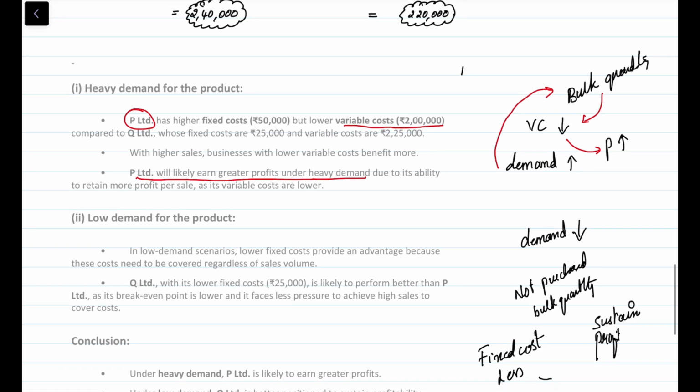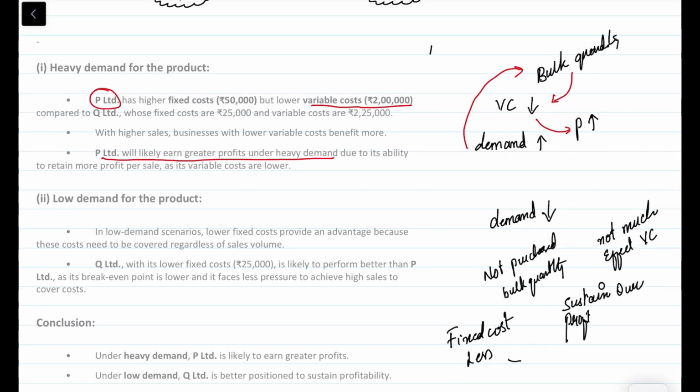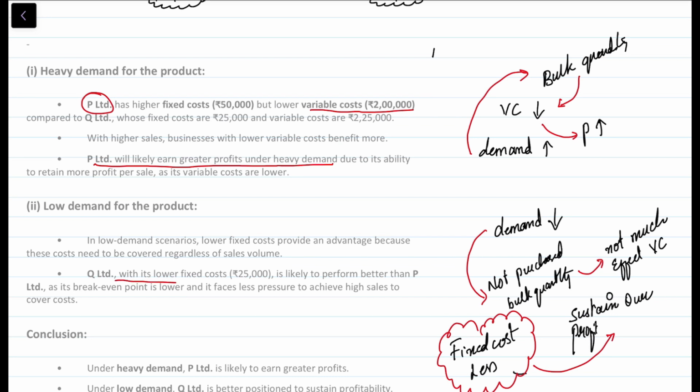So Q Limited with a lower fixed cost gives us a sustainable profit when demand is low. Fixed cost is less, and this will help us to earn a sustainable profit in our business.